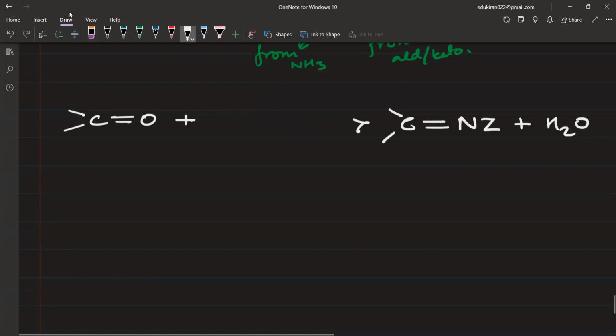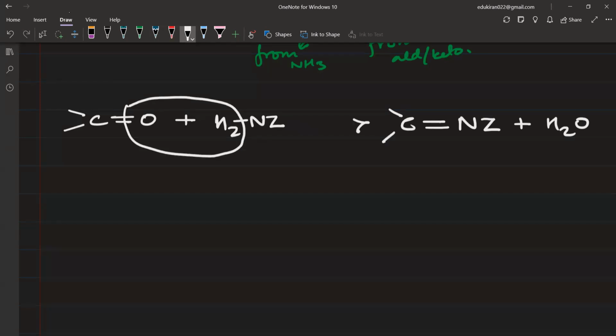What is that, sir? Any other substituent. If you have anything attached with nitrogen here, this will combine and you are going to get NZ. We will see what Z is. Z can be anything.